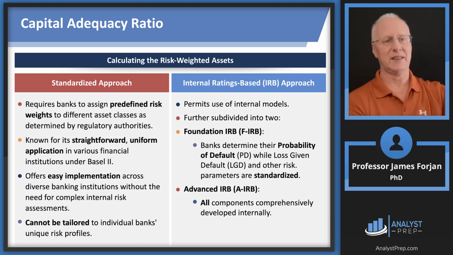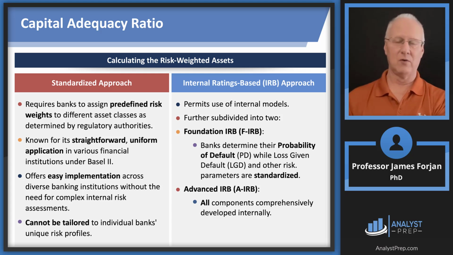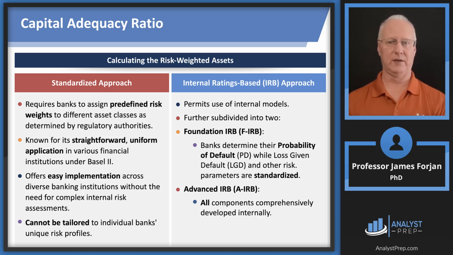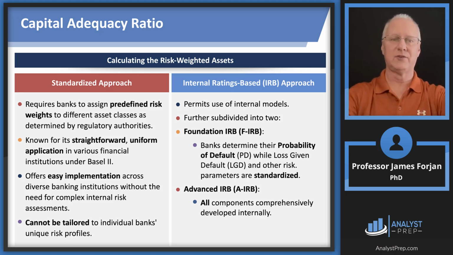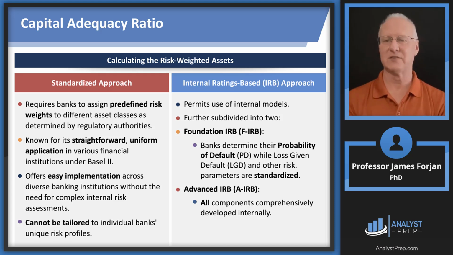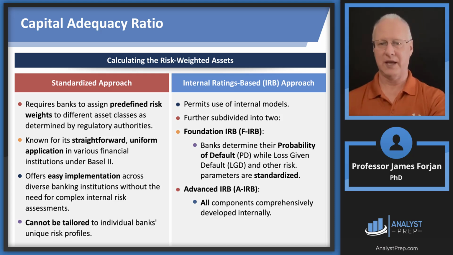So what do we do? We take the things that we like from that standardized approach, and then we do an internal ratings-based approach. What we can do is say, here are these standardizations. We like these standardizations, but what we want is the flexibility. So we'll call this the foundation.